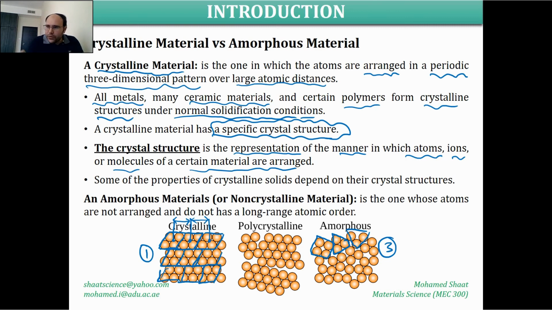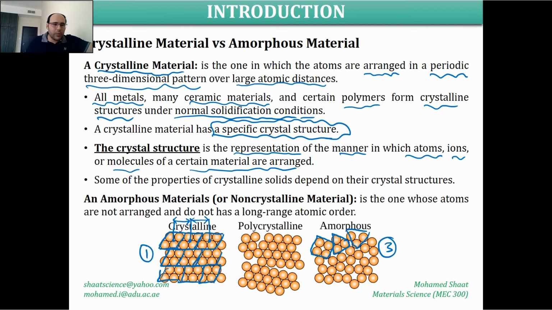If the arrangement of the atoms is different from one material to another, we say these two materials have two different crystal structures. But we may also have two different materials of the same crystal structure.